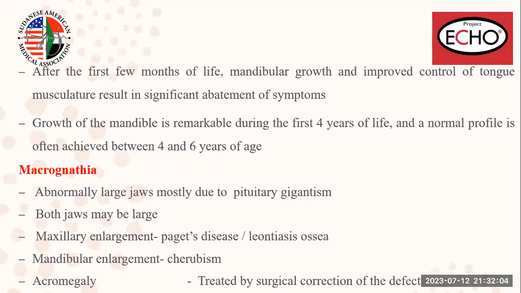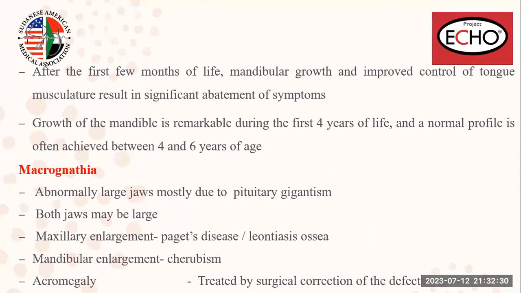After the first few months of life, however, mandibular growth takes place. Improved control of the tongue muscles also is evident. This will result in significant abatement of symptoms, so the child will be able to latch to the mother's breast and use their muscles to feed.